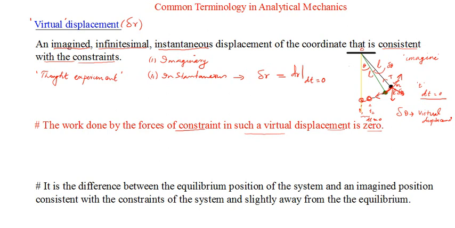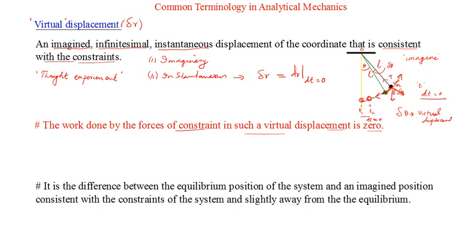Okay. So the logical support for this assumption can be like this, because as I mentioned, a virtual displacement is not caused by any real forces. A virtual displacement is not involving the actual motion of the system. As I told you, the system is not moving during a time interval dt. The system is imagined to have two equivalent permitted positions, and the difference between those two positions is regarded as the virtual displacement.